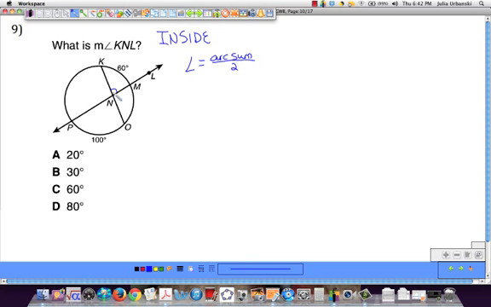So the angle is the one I want. It equals the two arcs that surround it, 60 plus 100. The angle equals 160 divided by 2. That equals 80 degrees.